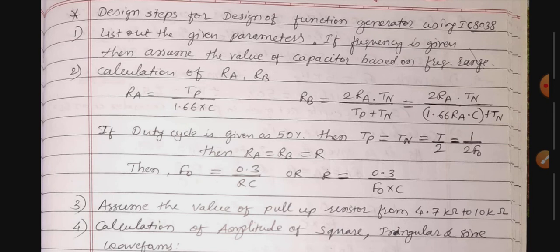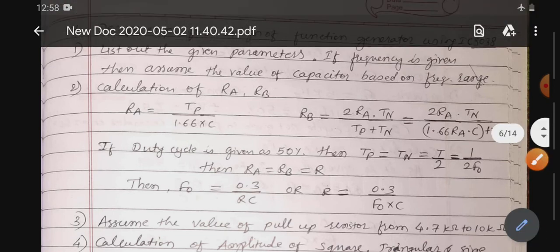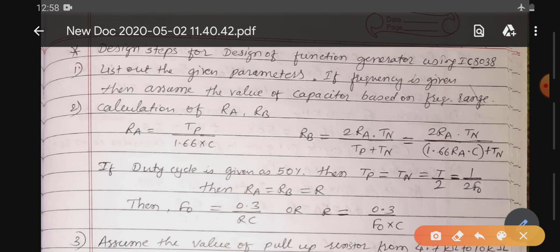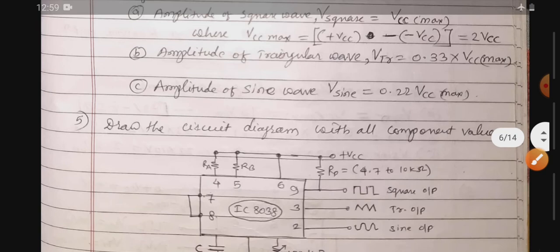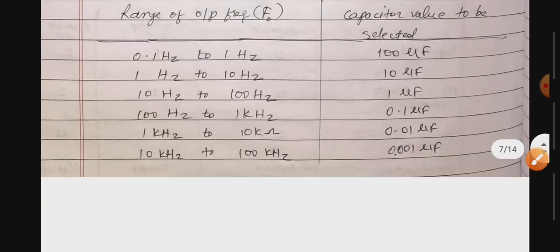In the first step, list out the given parameters, as well as if the frequency is given, you can assume the value of capacitor based on that standard frequency table which we have used for selecting the capacitor in astable and monostable multivibrator. Different capacitor values are there for different frequency ranges.